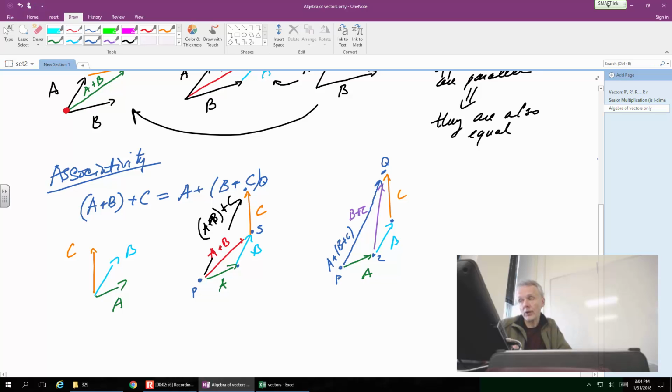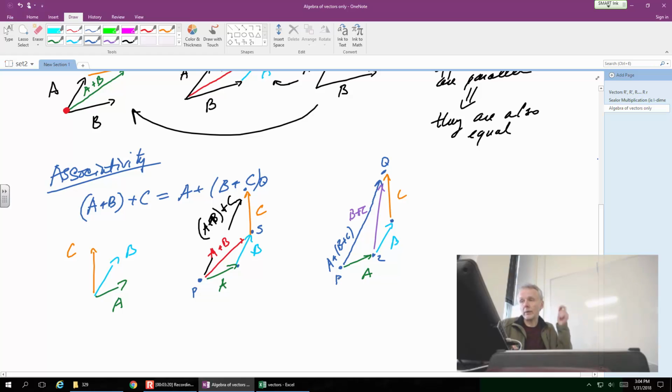But generally, it does require proof. So we're not doing proofs in this class anyway. So let's just convince ourselves that this seems plausible. And so we have associativity of vectors based on our understanding of three-dimensional geometry. And later on, shortly, we're going to demonstrate this based on the coordinates, or the components of vectors.